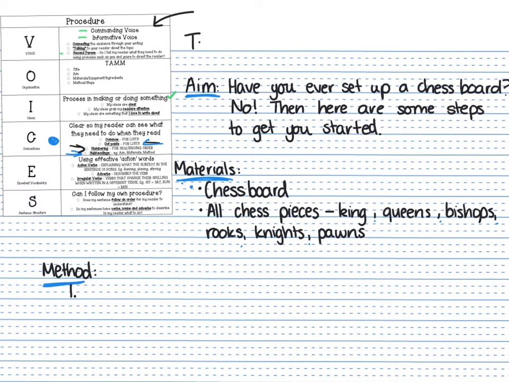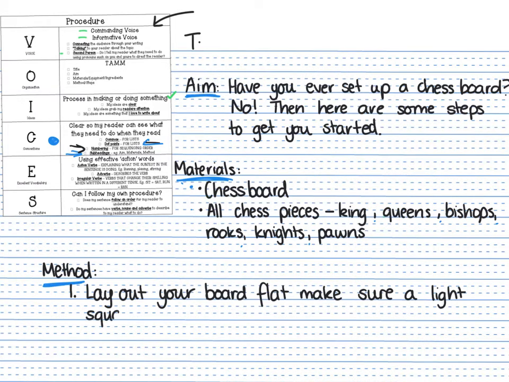So number one, you need to lay out your board flat. Make sure a light square, so I'm going to put in here white in brackets, because sometimes some chessboards aren't necessarily white.